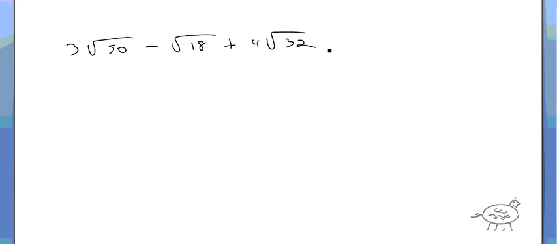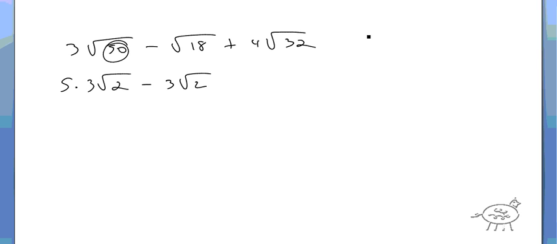Okay, well, again, you got to simplify it first. So 50 is 2 and 25. So I can take a 5 out, and I have 2 left over. 18 is 9 times 2, so square root of 9 is 3, and I got 2 left over.